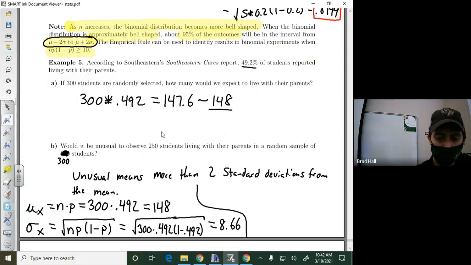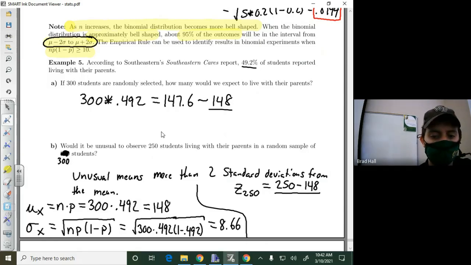So now we can figure out the z-score of the 250 students to see if that is unusual or not. So the z-score is the value itself minus the mean divided by the standard deviation.